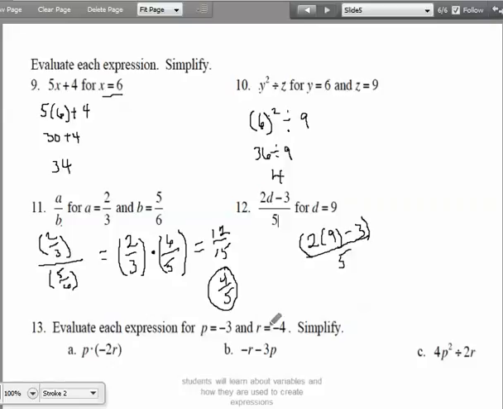You wouldn't try to divide this before you did the subtracting 3. You have to figure out the numerator first. So in this situation, 2 times 9 is 18 minus 3, and keep that parenthesis around it, divided by 5. And 18 minus 3 is 15 divided by 5, and that's going to work out to be 3. Final answer.